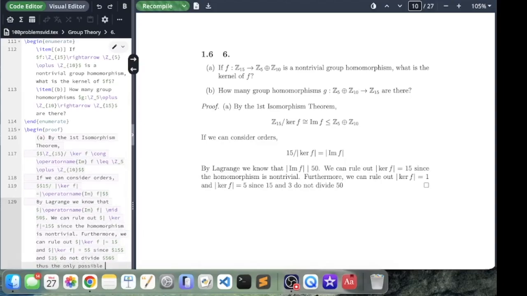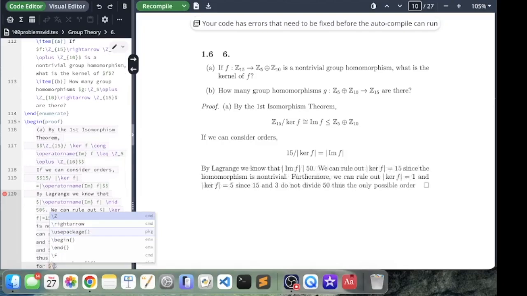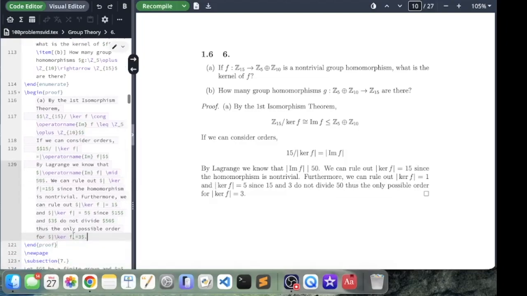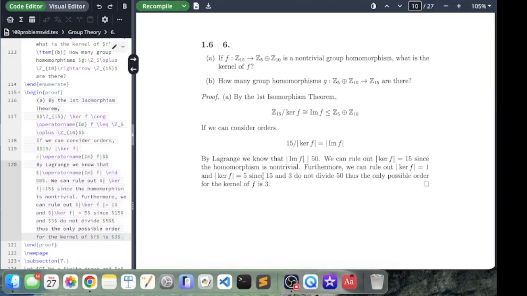Thus, the only possible order for the kernel of f is 3. The only possible order for the kernel of f is 3. Okay, and so the order of the kernel is 3.